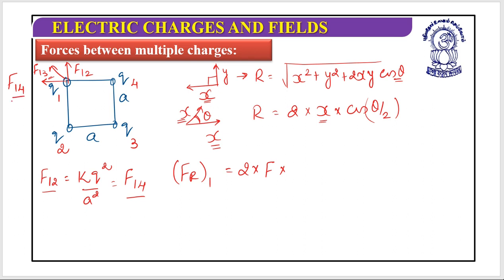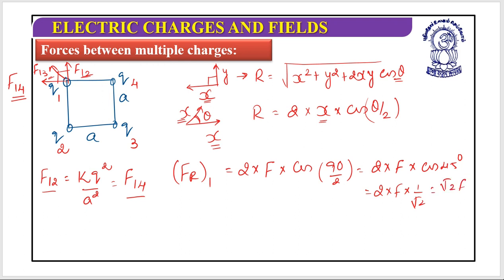Look at this, this is F14, this is F12. Angle between these two would be 90 degree. So this is 2 into F into cos 90 by 2, which is 45. So this is 2 into F into cos of 45. Cos 45, what would it be? Yes, 1 by root 2. So this is root 2 times F. And what is F? Here it is. This is kq square by a square.